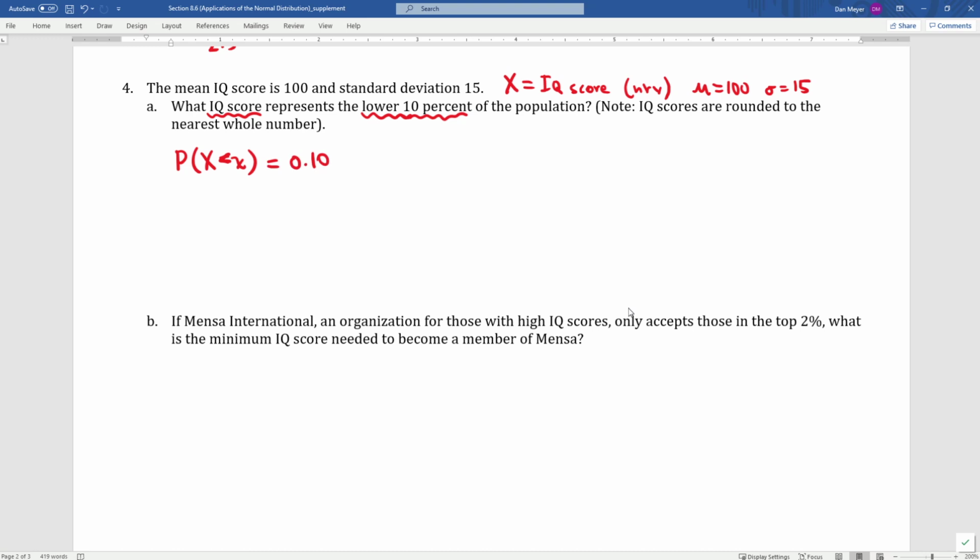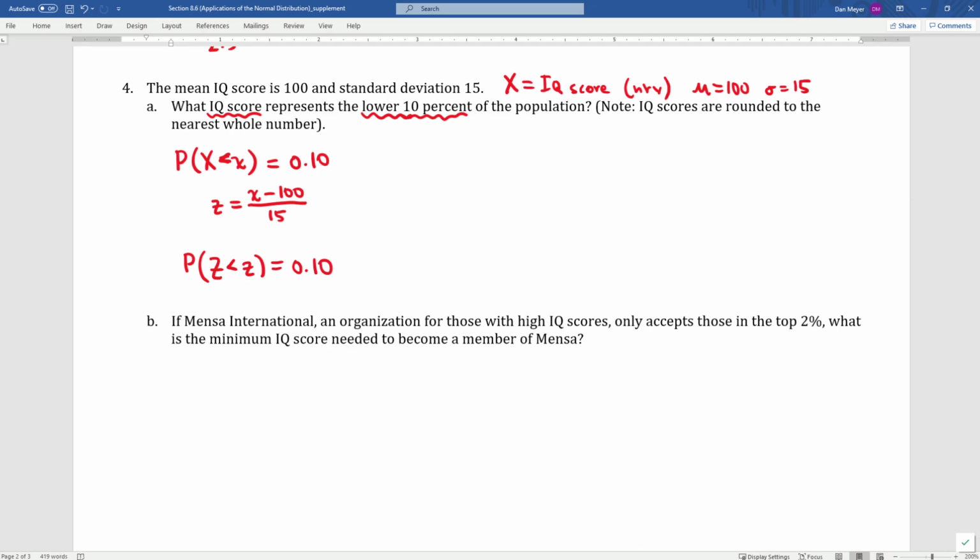So this unknown IQ score x has a corresponding z-score that we don't know yet. That would be x minus mu over sigma. And the corresponding probability for that z-score would also be 0.10.